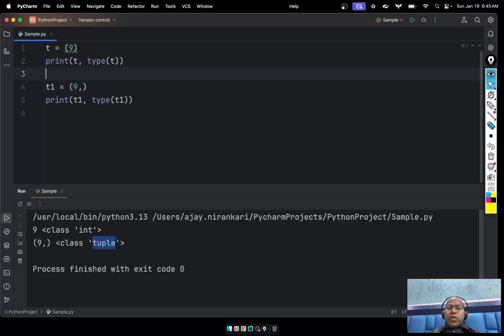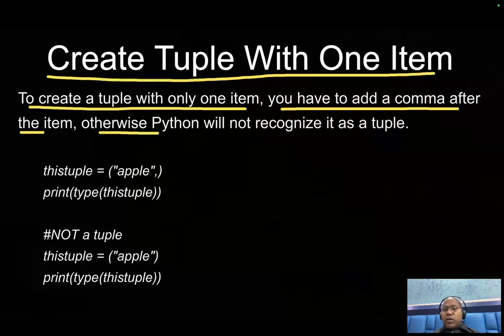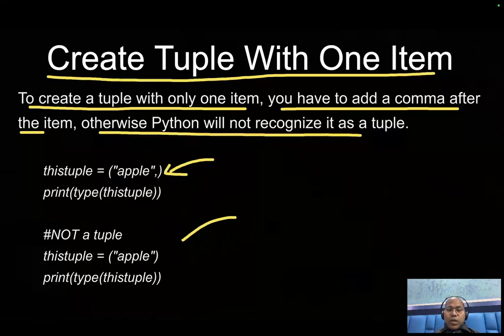So be careful: if you are going to define a tuple, it must have a comma. If no comma, it is considered a simple integer or string or whatever data type value you are putting. To create a tuple with only one element, you need a comma after the element. Otherwise, Python will not recognize it as a tuple. So here it is a tuple, but here it is not a tuple because it's a simple string variable.